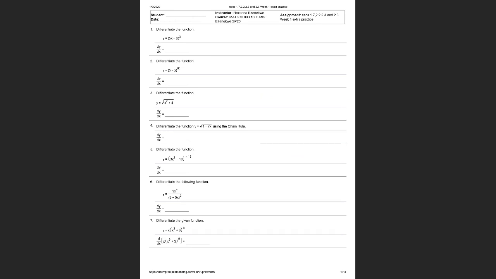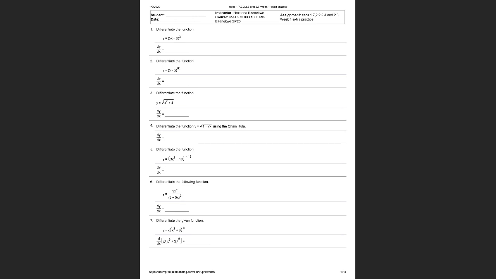Now let's work on number 6. You will notice that number 6 is quotient rule. So it means that you have to know all the methods of finding derivatives. We have to make sure we remember quotient rule.